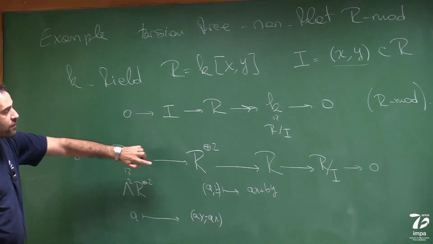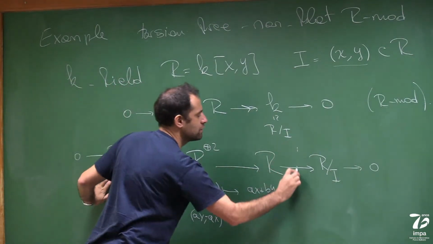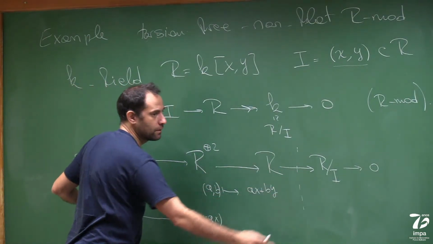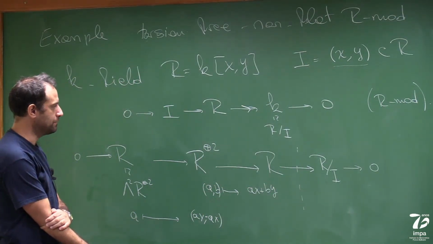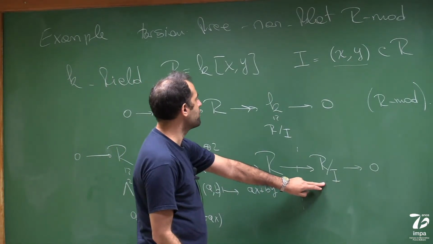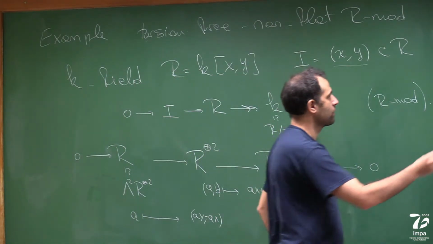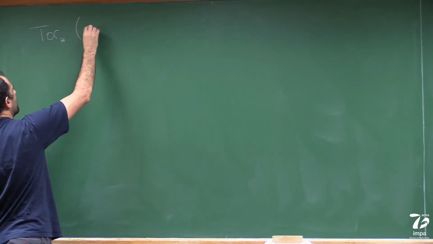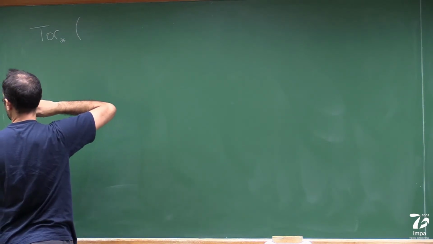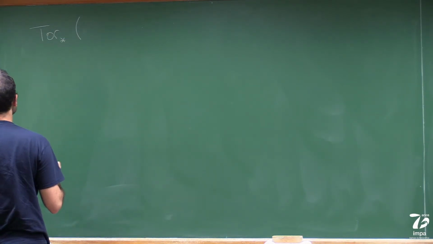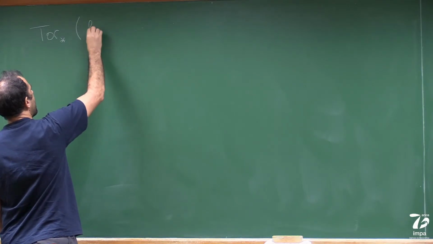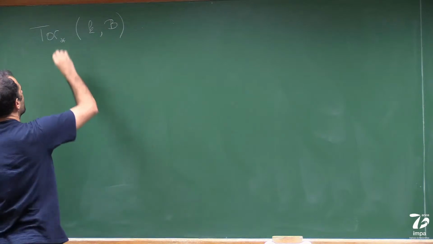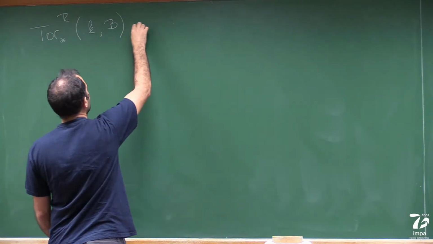Again, it's a sequence of R modules, but now you see that this is a resolution by free modules of K. So this is a resolution by projective modules of K, and this allows me to compute Tor for this K, of K with any module B for the ring R. I could use this resolution.